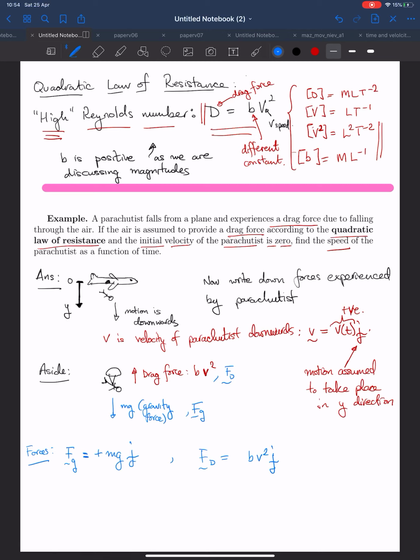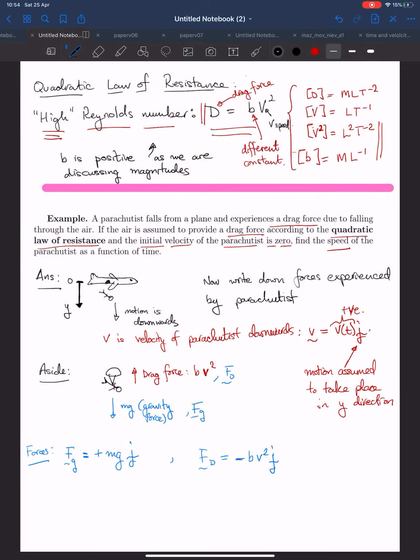So you can see that the force opposes our motion. It has magnitude bv squared. So the force acts in the direction of negative y, which is opposing the positive direction of our axis y, which is downwards, so I need minus. Okay, perfect.